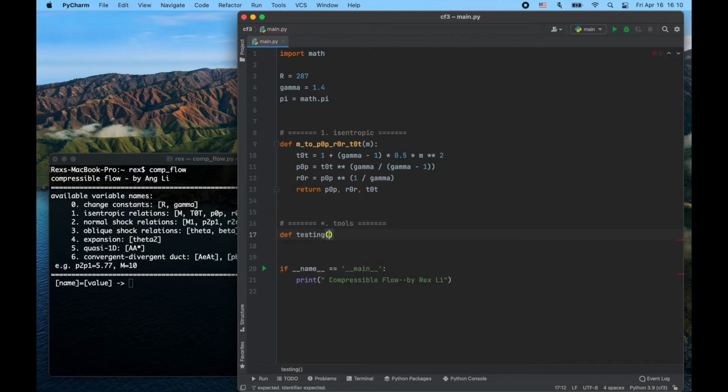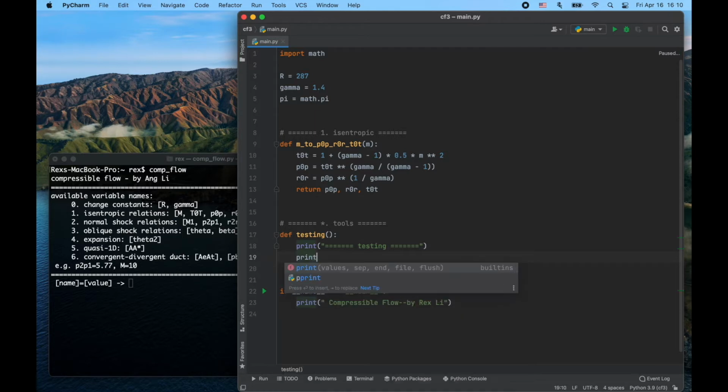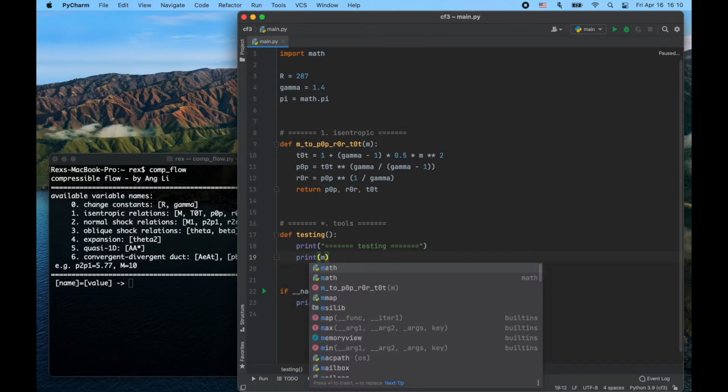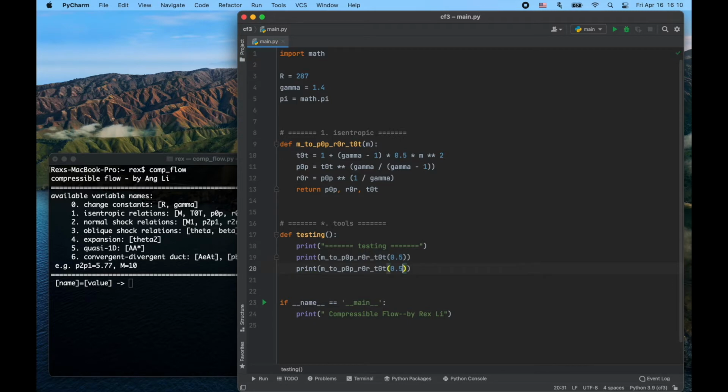Define testing. Let's test three different cases. One is subsonic, so giving it Mach number to be 0.5. And a sonic case, and a supersonic case. And let's run it.